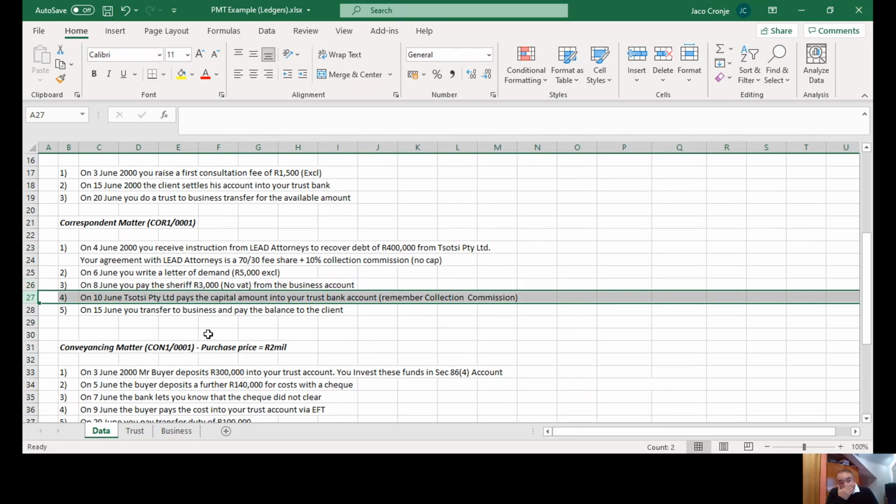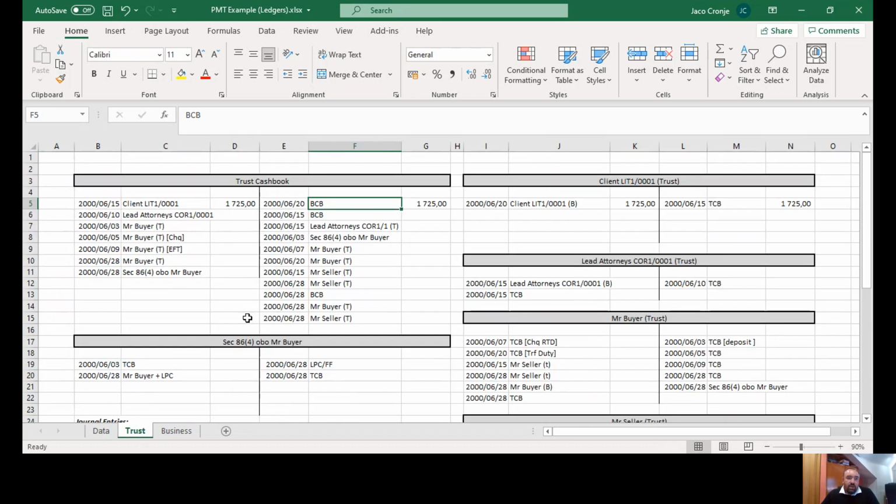Then on the 10th of June, Tsotsi Pty Limited pays the capital amount into your trust bank account. And I said there, remember collection commission. So now let's first account for the capital coming into the trust bank. So trust or business, trust. Will it increase or decrease my cash book? The answer is it will increase. It's money coming in. So on the debit side, I have a transaction for 400,000 Rand.